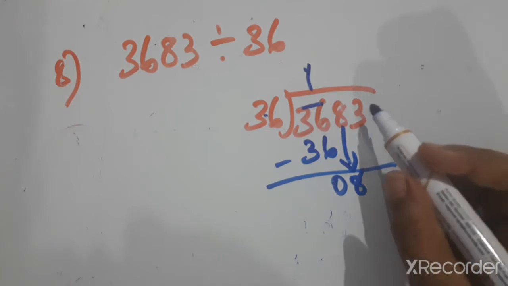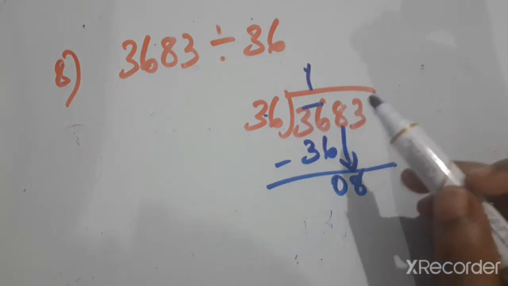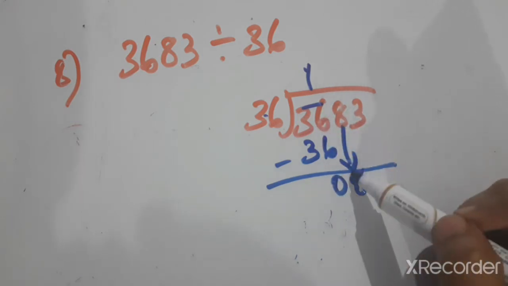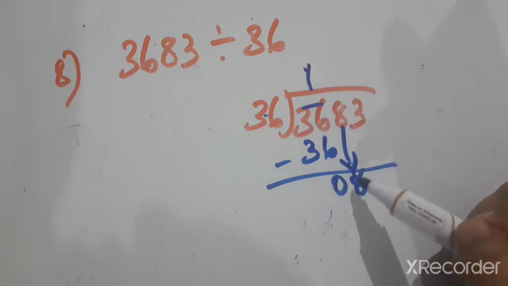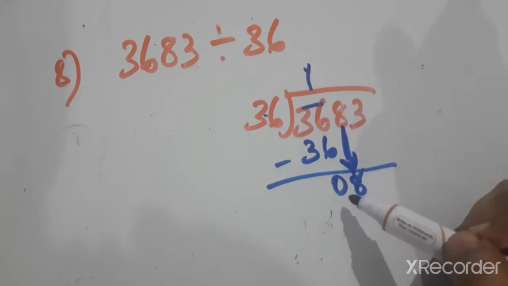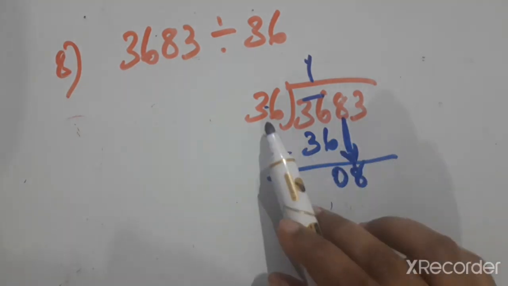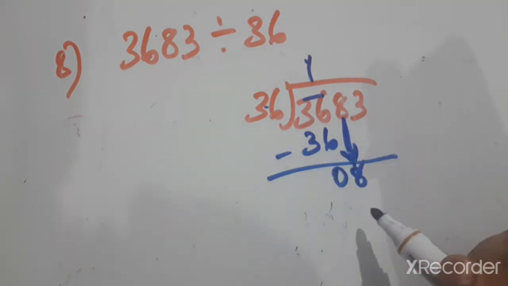In the next step we take only one number: 8 comes down. In one more step we could take 3 also, but the entire method would change. Once we carry down one number, we should not take another. Now 0 is less than 36, but we still calculate it.